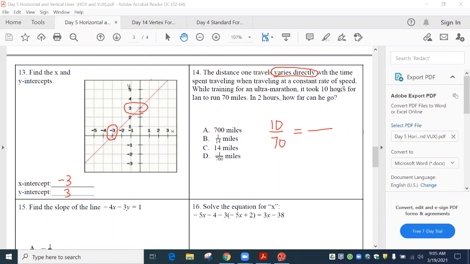The key to this is label. So 10 hours, 70 miles. So 2 would go on top. And then we have X. So we got 70 times 2 would be 140. And then 140 divided by 10 would be 14.